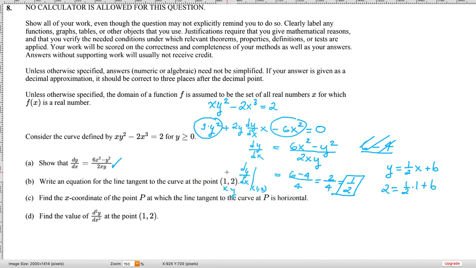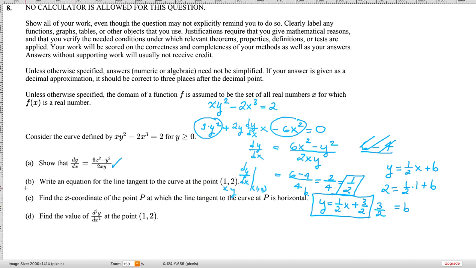I plugged in 2 for y and 1 for x, and then that allows me to solve for b. b is going to be 1 1/2, or 3 over 2. And then y equals 1/2 x plus 3 over 2. And then that's part B.